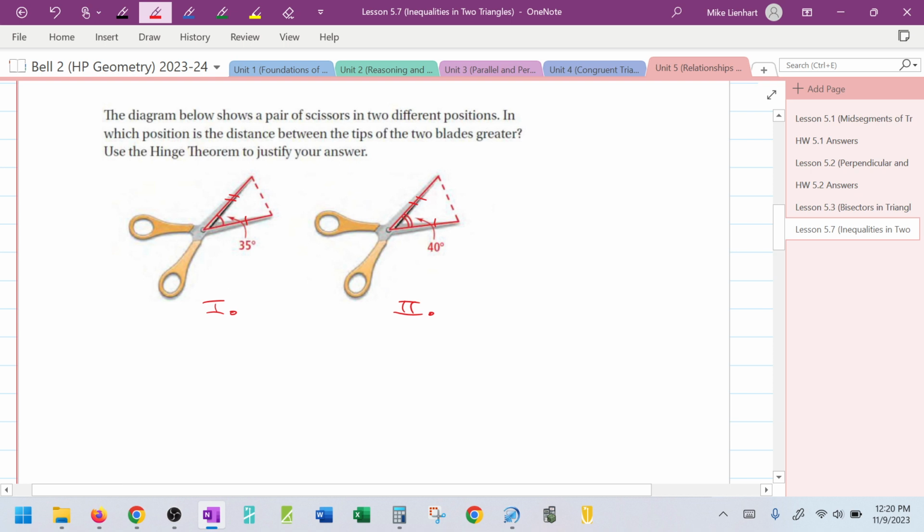So what do we know about the tips of the two blades? We know that the second one is greater, and the reason is because it's across from the 40-degree angle.